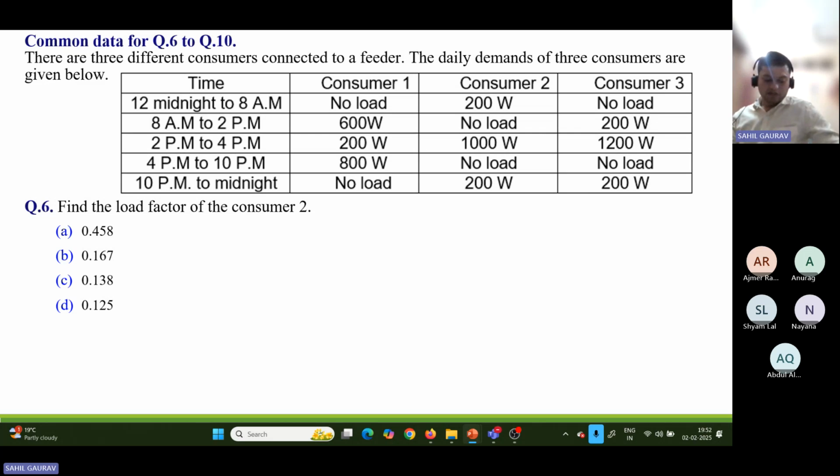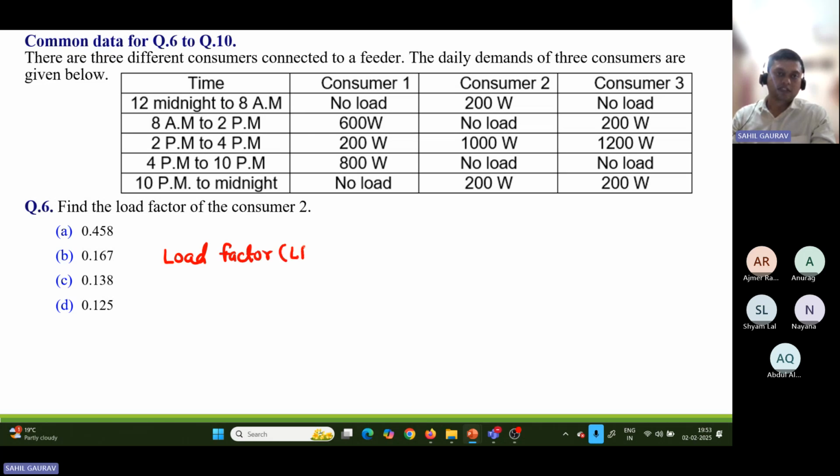So how will you find the load factor of consumer 2? I am writing the expression. You just try yourself. Those who are able to get the answer, you can respond.